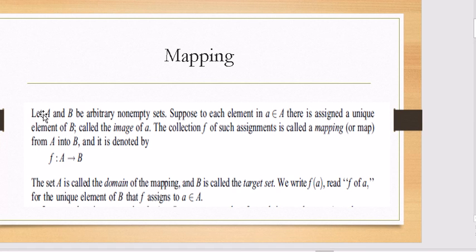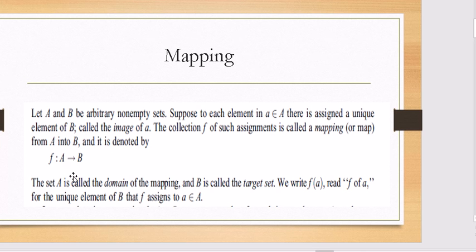Suppose we have two sets A and B, obviously non-empty, and suppose to each element a in A there is assigned a unique element of B called the image of a. The collection f of such assignments is called a mapping or function from the set A into the set B, and symbolically it is denoted like this.